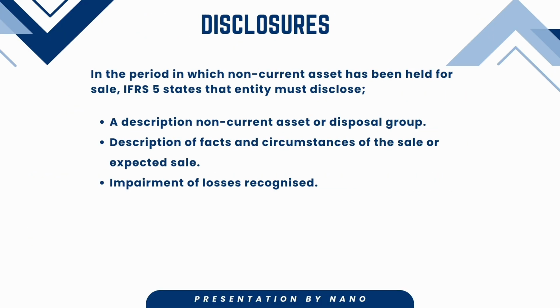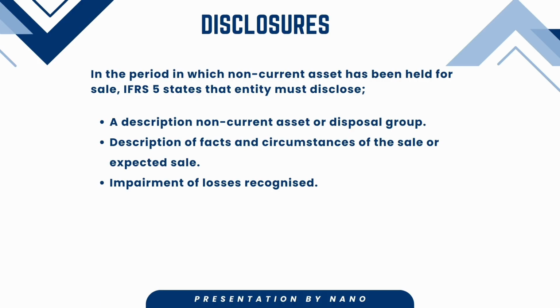Now let's see disclosures. In the period in which a non-current asset is held for sale, IFRS 5 says that the entity must disclose the following. 1. A description of the non-current asset or disposal group. So what is this asset? Like a description. 2.